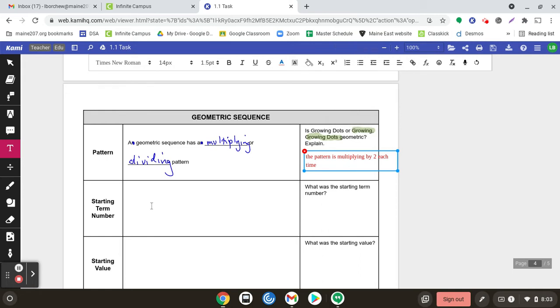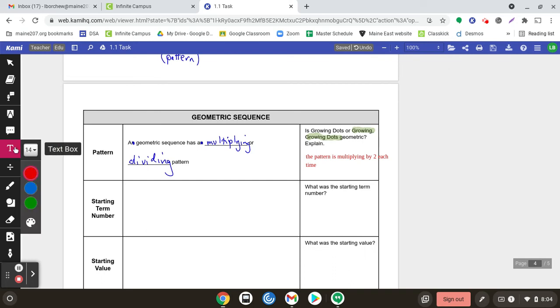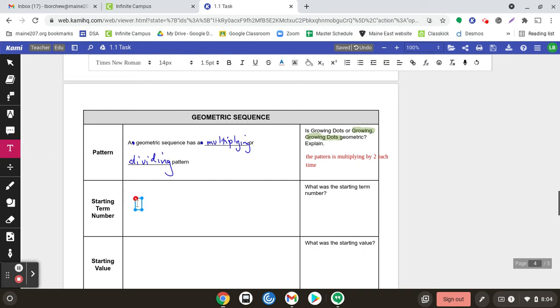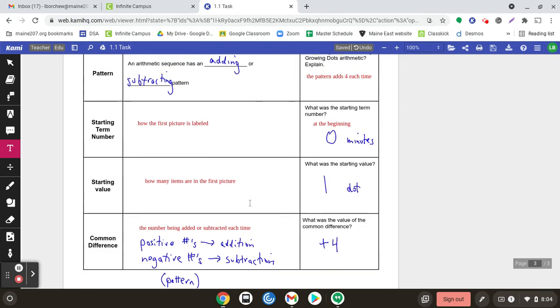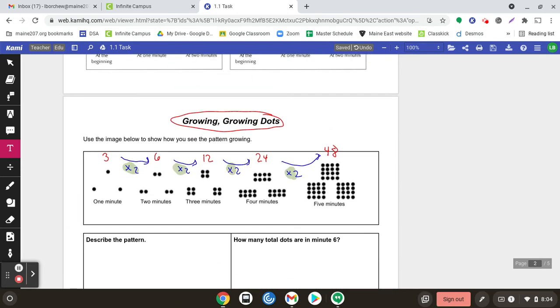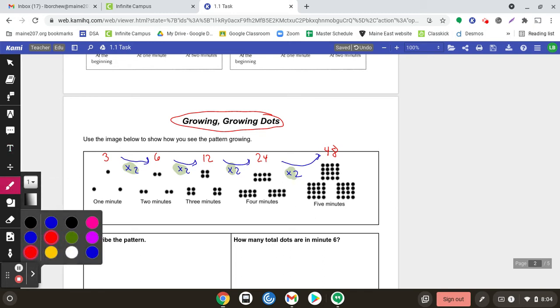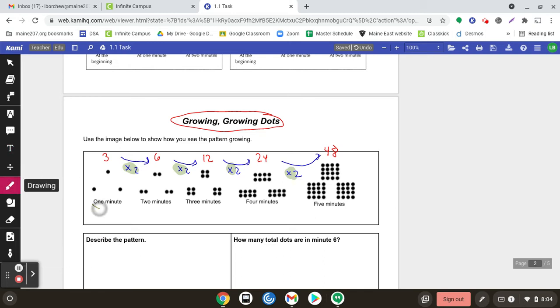Now the starting term number in a geometric sequence is the same as it was for an arithmetic sequence. So the starting term number is how the first picture is labeled. So go back to your growing dots on page 2. How was the first term labeled? It looks like the first term was labeled as 1 minute.